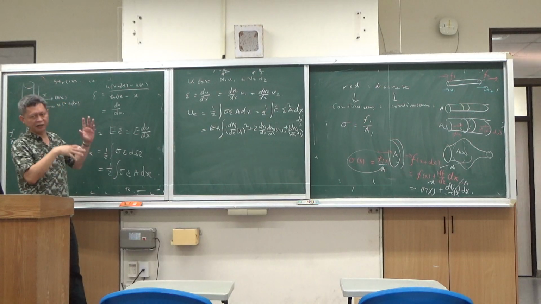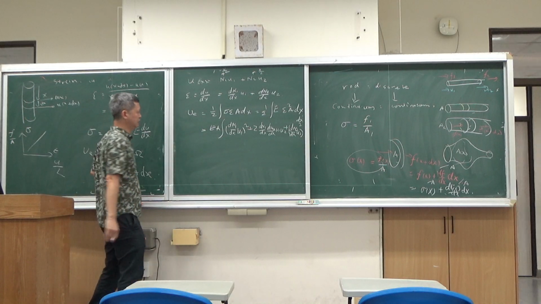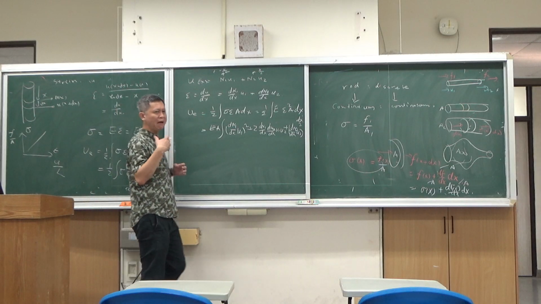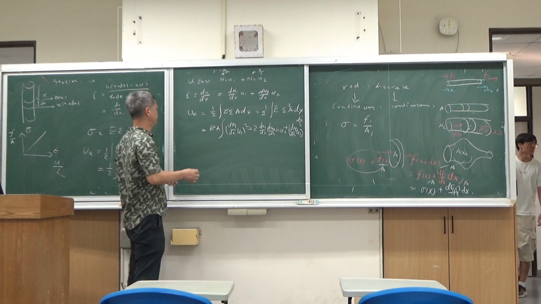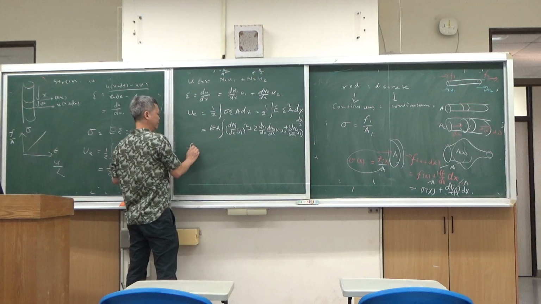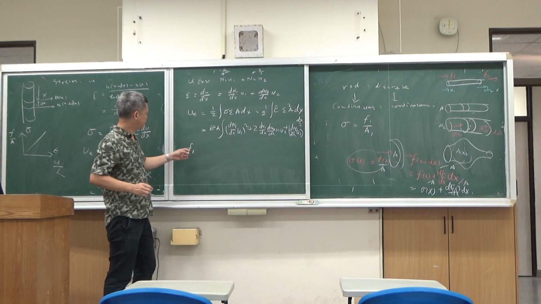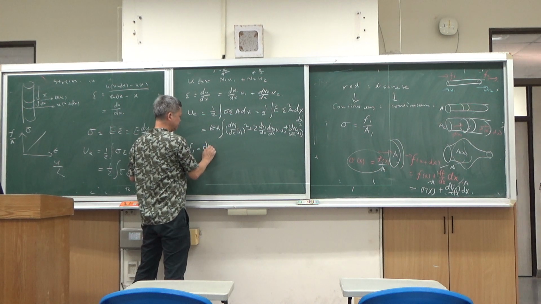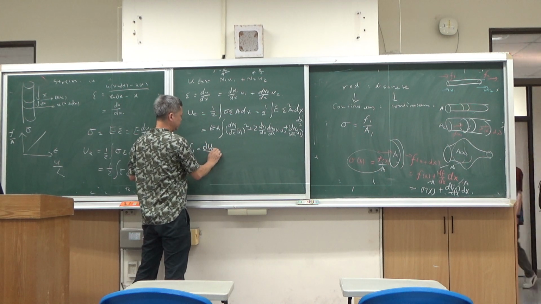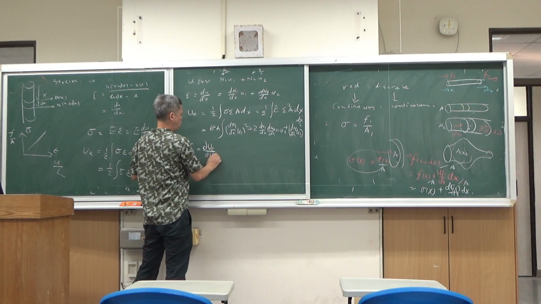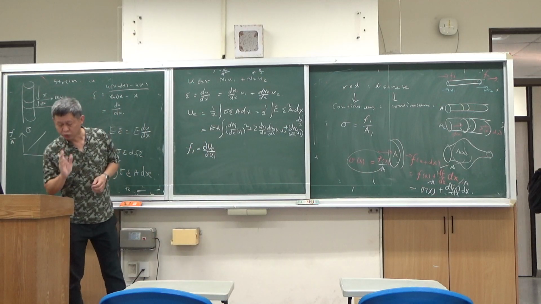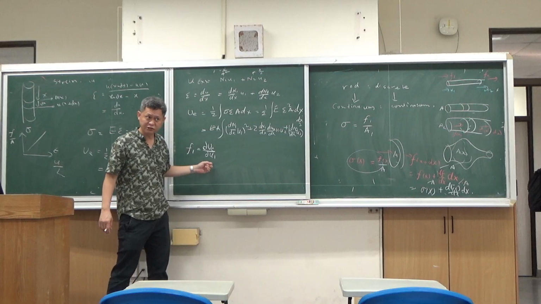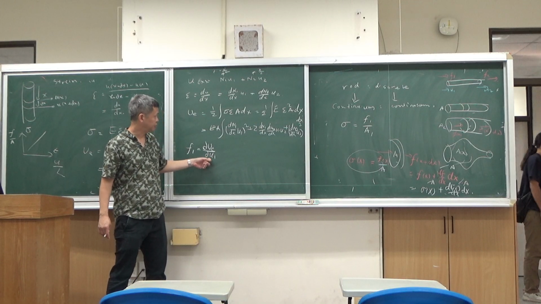This might appear rather complex, but don't forget your Castigliano theorem. What is your Castigliano theorem? Force 1 is equal to the partial differentiation of the strain energy with respect to displacement 1. This time round, it is partial differentiation with respect to displacement.